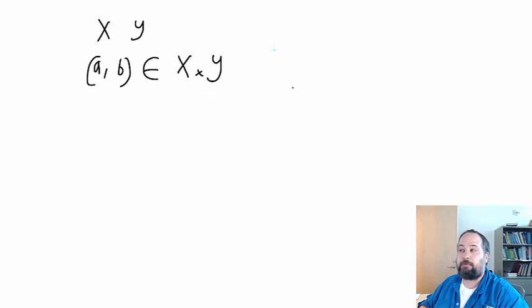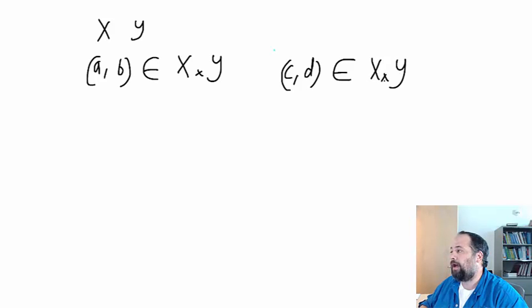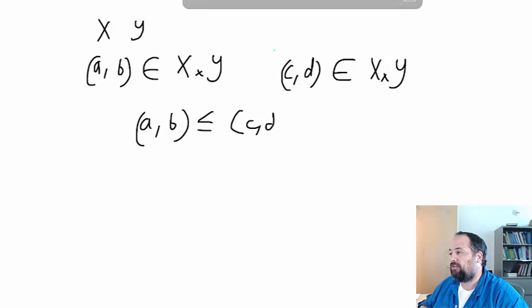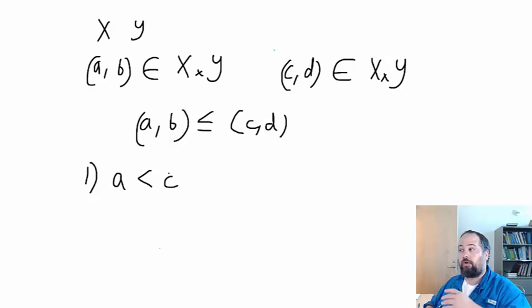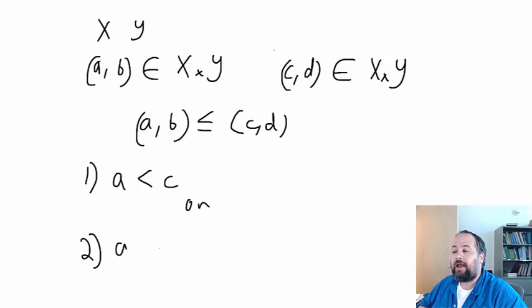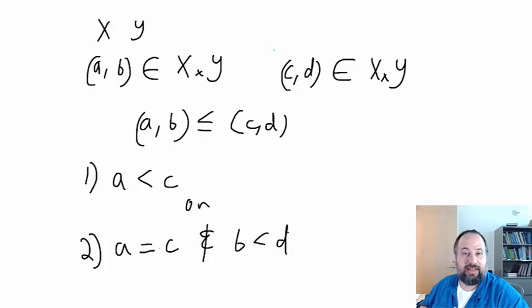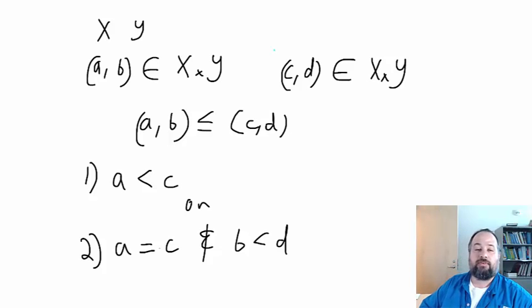And assume we also have the tuple CD, which is a member of X cross Y. We say that AB is less than or equal to CD, that AB is before CD, if 1, A is before C in the order of X, or 2, A is equal to C and B is before D in the order of Y. So the order of Y doesn't even come into it until we've established the order of the first item in the tuple.